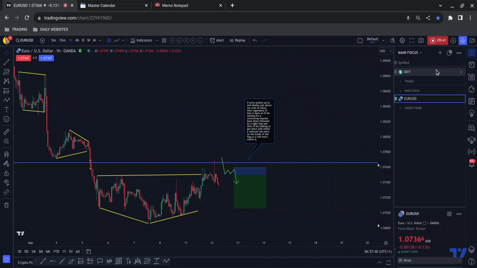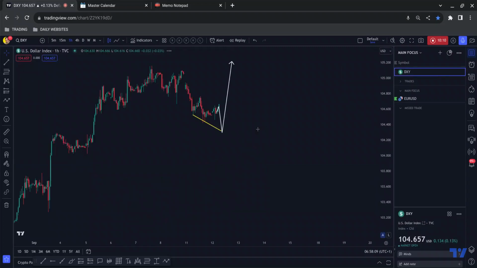The DXY is an index of the dollar's strength against a mixed bag of other currencies, and primarily I think 57.14% of it, don't quote me on that, is the dollar's strength against the euro. Okay, so which is why when we look at the DXY, it looks very, very similar to euro dollar, but sometimes we can use this to help us determine the structure of dollar related pairs and in particular euro dollar. So let's do that now.